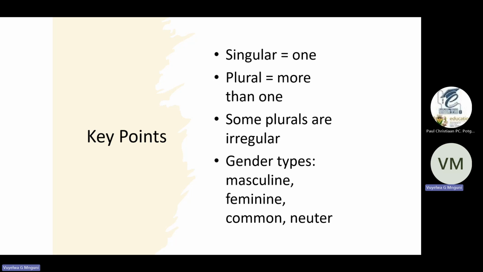Remember, we had examples of a tooth that becomes teeth. We cannot say tooths. And then we have gender types, which are masculine and feminine. Example, king will become queen. Then we have common, teacher, and we have neuter. Those do not have specific genders. We can have flowers, we can have teacher, we can have chair.